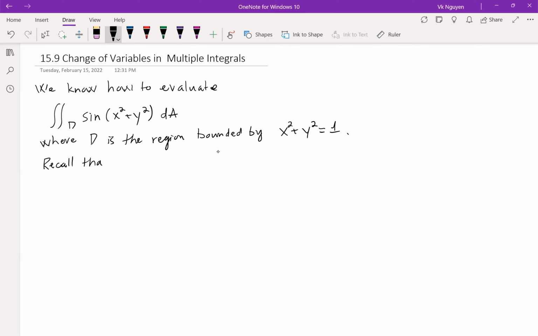We recall that to evaluate this integral, we convert rectangular coordinates to polar coordinates.